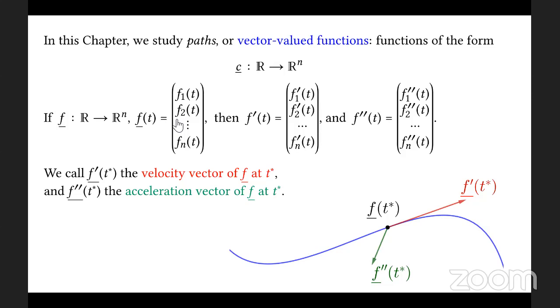Let's say this is f of t going that way, and that's at t star. F prime of t gives you that velocity vector, the direction and magnitude of that rate of change, and the acceleration vector is the rate of change of that rate of change.